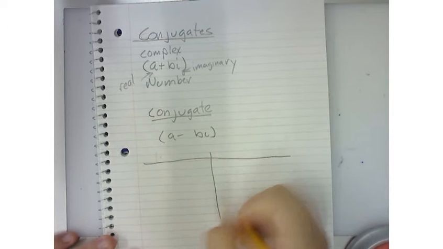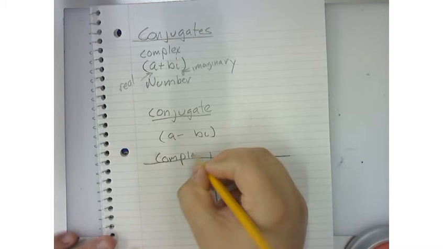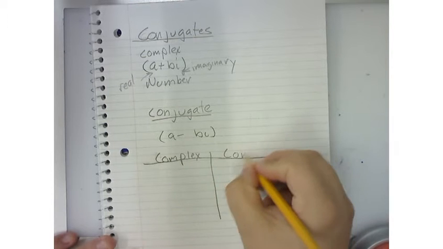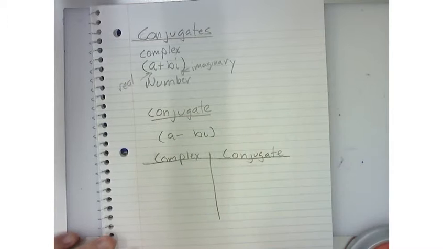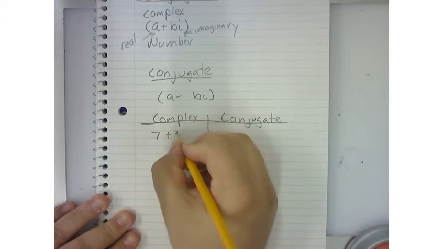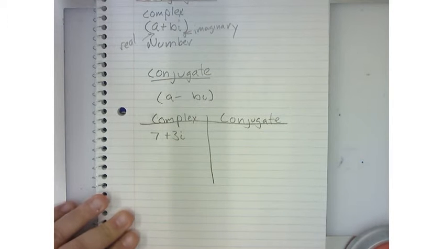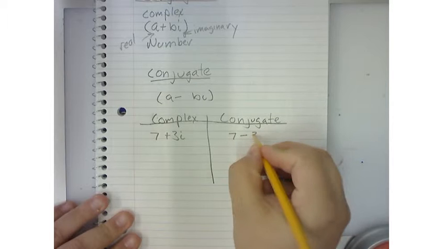In this column I'll write the complex number, and then its corresponding conjugate. Make sure you have your thinking caps on today. If I have 7 plus 3i, what would the conjugate be? 7 minus 3i.